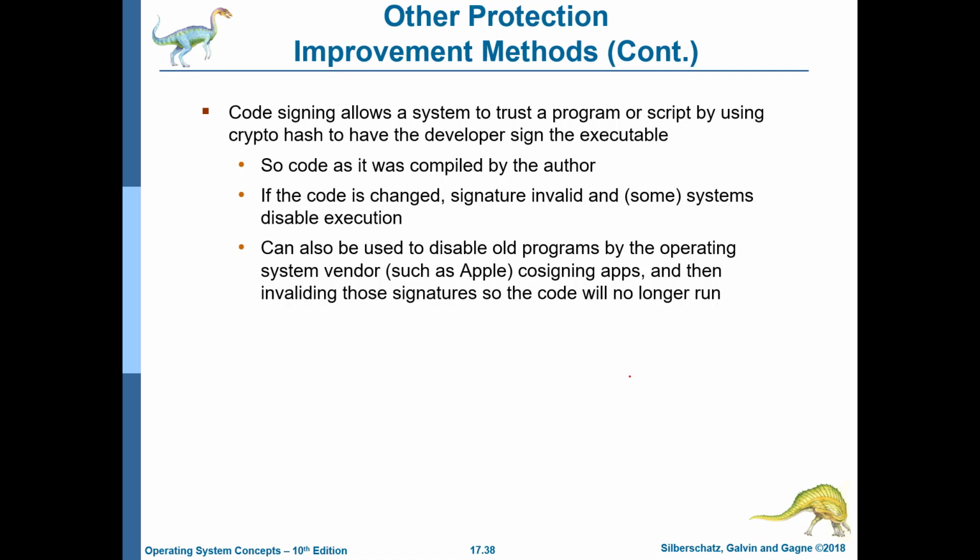So we have already discussed code signing. So signing basically verifies that it has been genuinely created by an author. All right. And furthermore, it can also be used to invalidate old programs which are either unsigned or were signed with a different signature, because we are essentially invalidating those signatures.